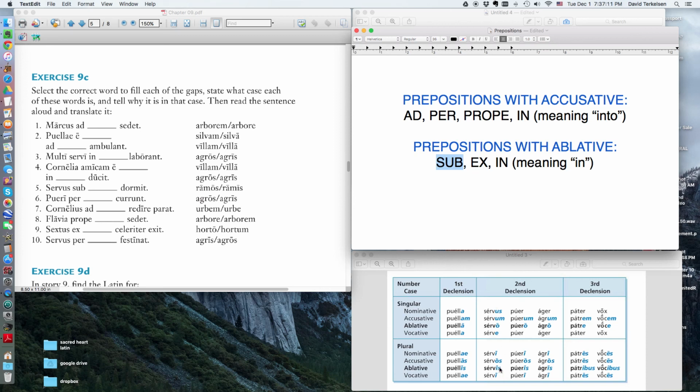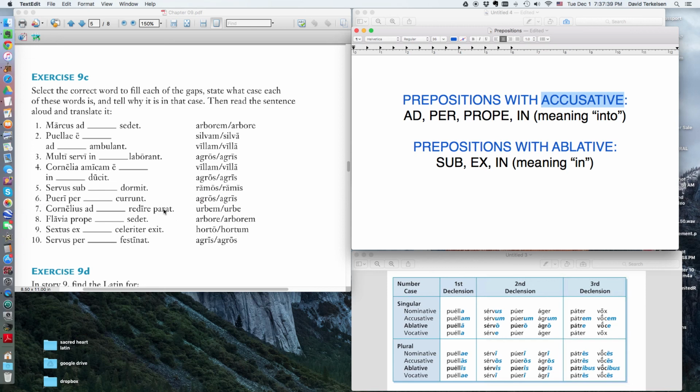Number 6, pueri per blank currunt, the boys run through the fields. Per, accusative, so accusative plural here, agros. Those are your choices, agros or agris, and this is accusative, agros.